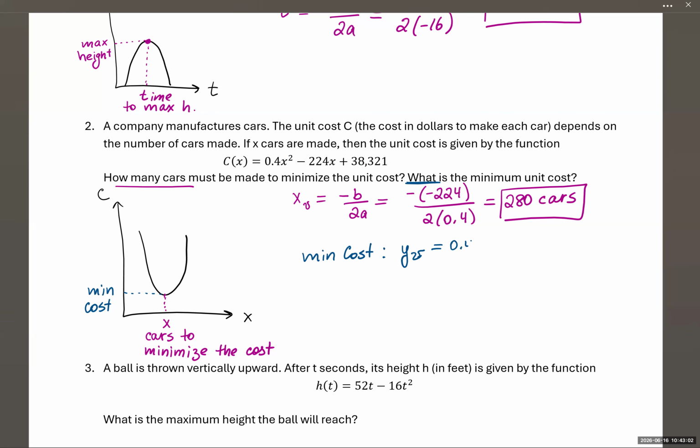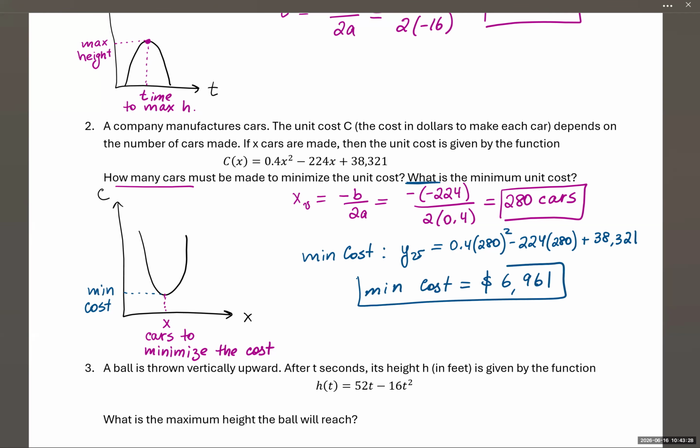So that's 0.4 times 280 squared minus 224 times 280 plus 38,321. So the minimum cost is 6,961. And that is the answer to the second question.